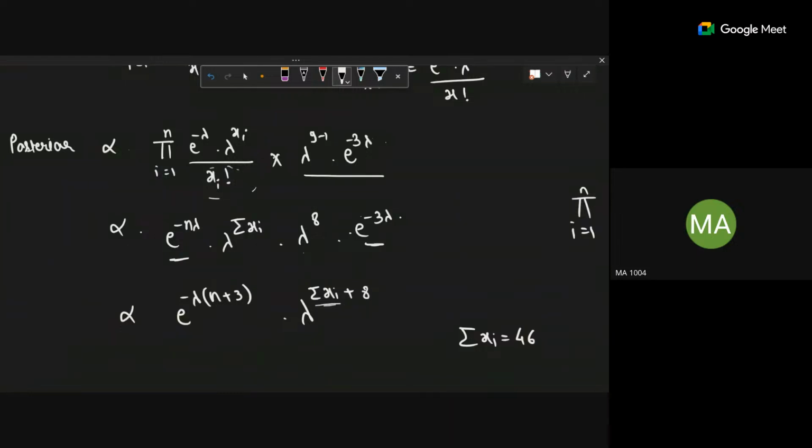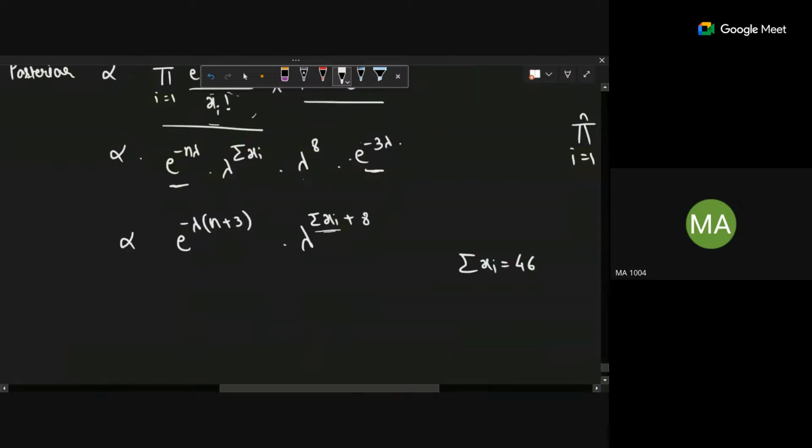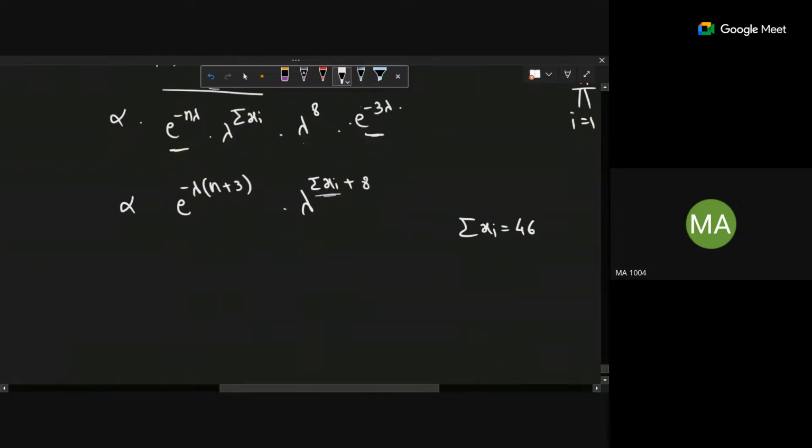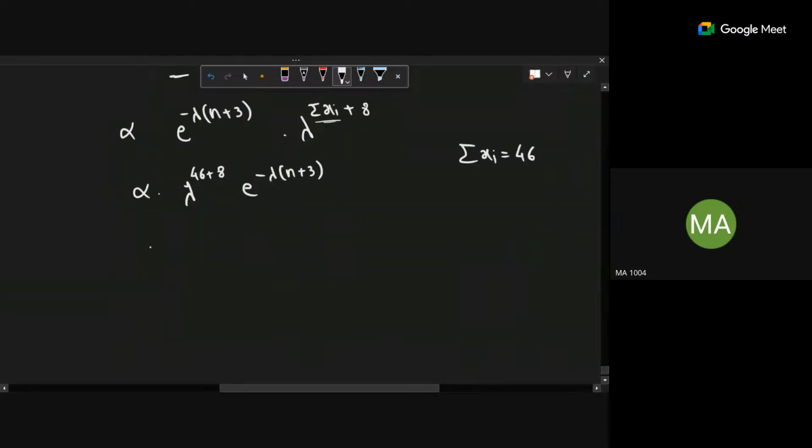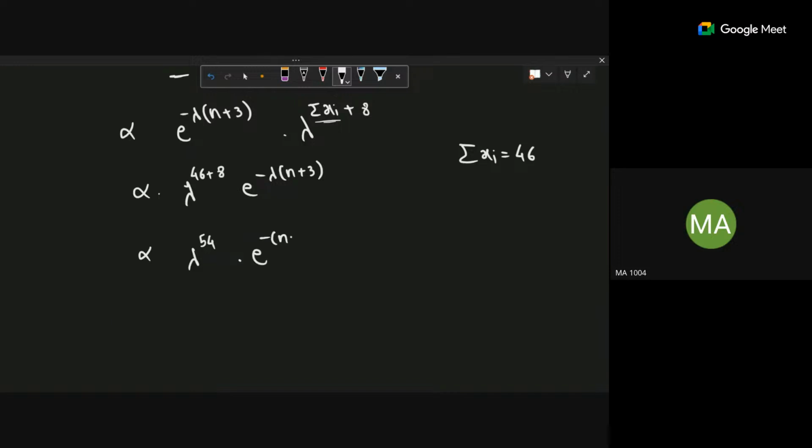This was the prior distribution. This was the likelihood. Okay, we will revise at the end also. Summation xi is 46 and this one is given there. So 46 plus 8, and this is exponential minus lambda times n plus 3. So is it looking like something? Lambda power 54 into exponential power something times lambda. And actually this n is also given to us, right?